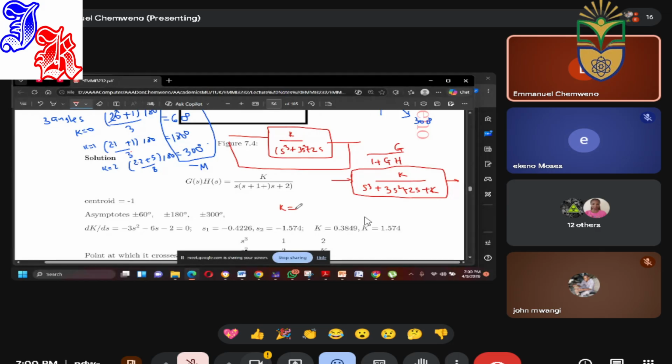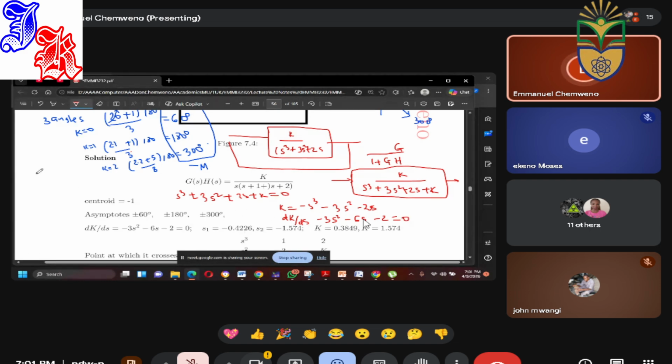So the characteristic equation: s cubed plus 3s squared plus 2s plus k is equal to 0, and k is equal to minus s cubed minus 3s squared minus 2s. dk over ds, I differentiate this, it becomes minus 3s squared minus 6s minus 2 is equal to 0.